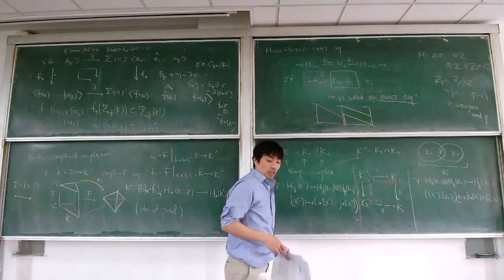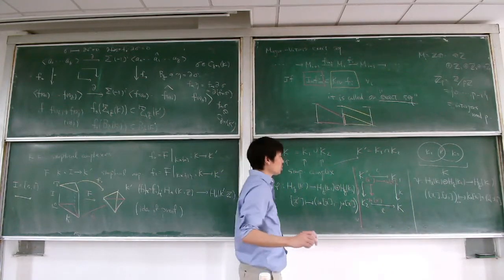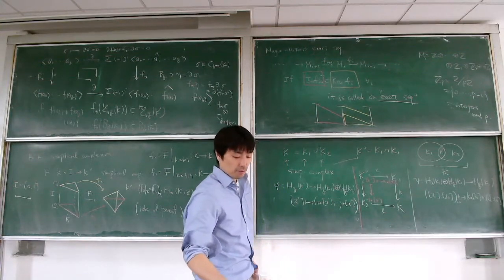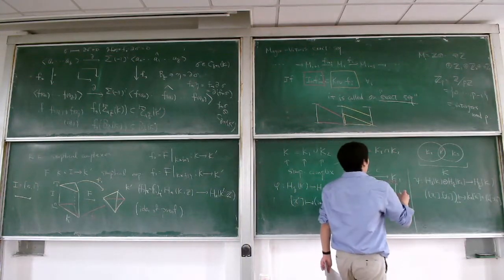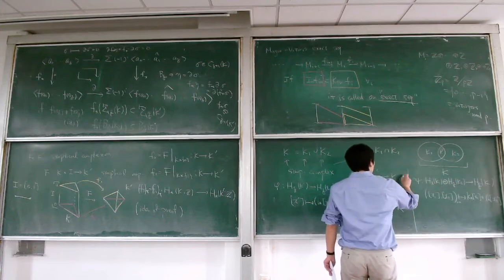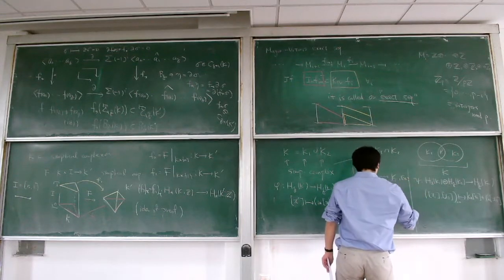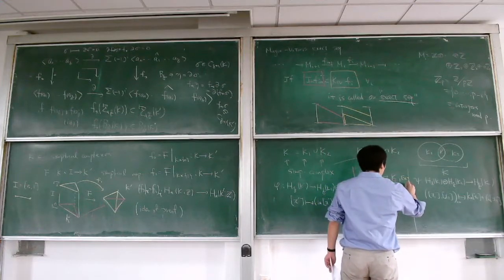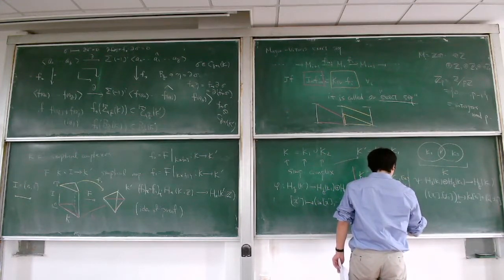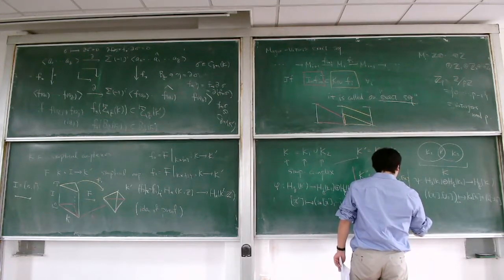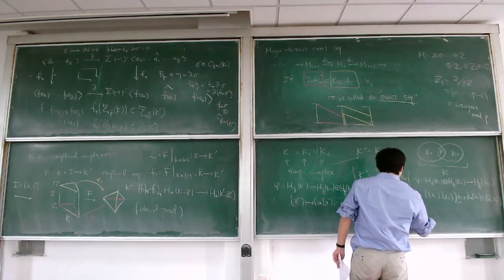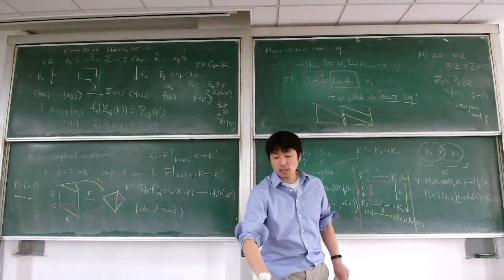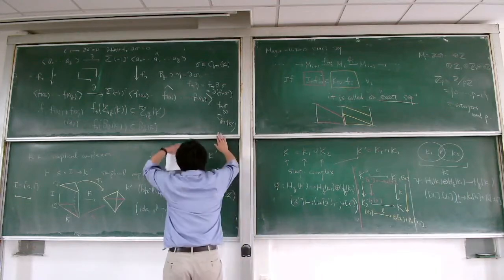So what I did is take x1 and x2, and under this map you just consider K star x1 plus L star x2. Okay, so that's the simple operation.